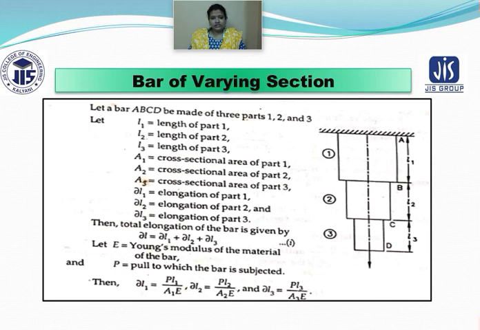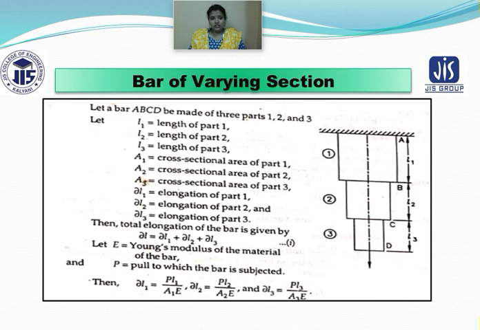Obviously you get three different areas in this manner, because part 1 has a different length and a different diameter, so the area of part 1 is different. Similarly, for part B the area will also be different, because the cross section is different: the length is L2 and the diameter is also different.